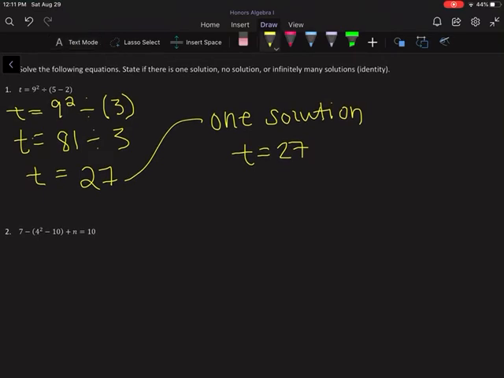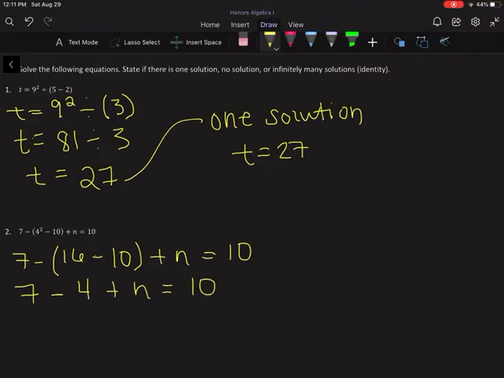Now down here, let's go ahead and evaluate the inside there. 7 minus 16 minus 10 plus n is equal to 10. 7 minus 4 plus n is equal to 10. And 7 minus 4 is 3 plus n is equal to 10.